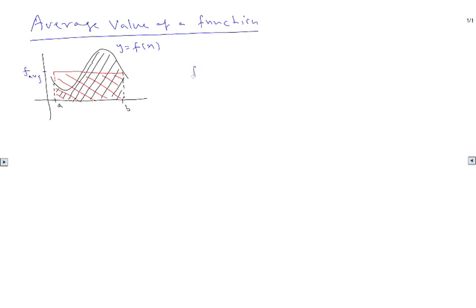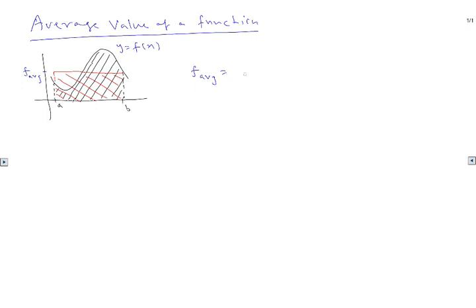So the formula for f average: since the area below the curve is the integral, and the area of the rectangle matches it, if you multiply the average value with the width, you should get the area below the curve.